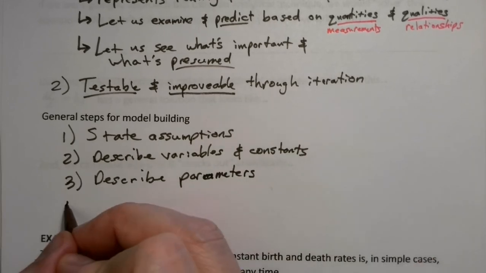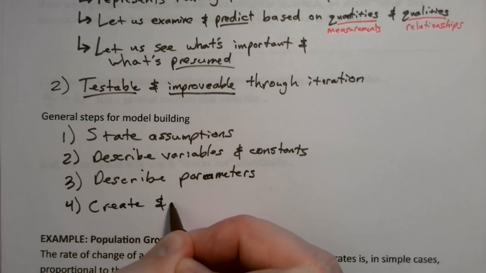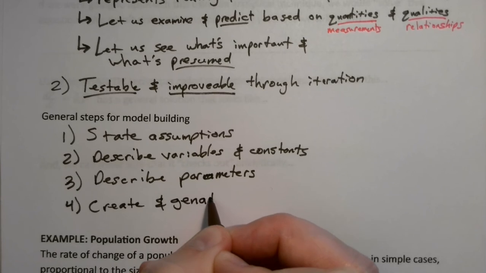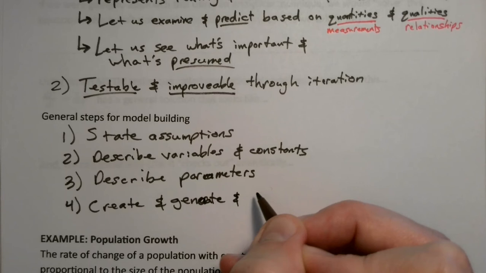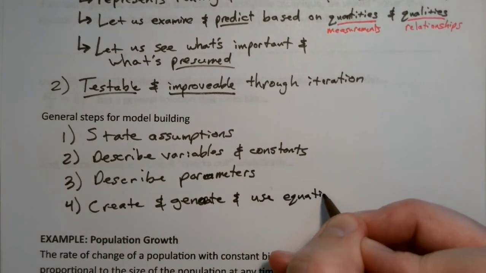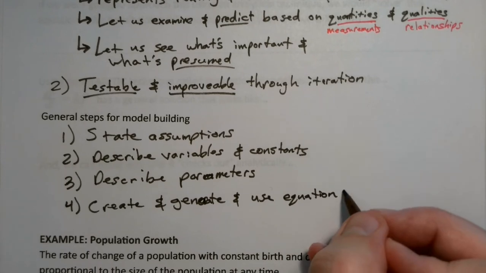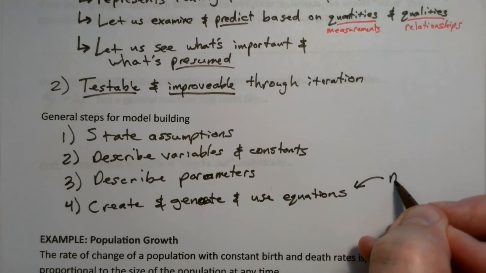The fourth and kind of the last thing is really to create and generate, and then use the equations. Sometimes they may not be equations, but for the most part, these are where we're going to have our differential equations.